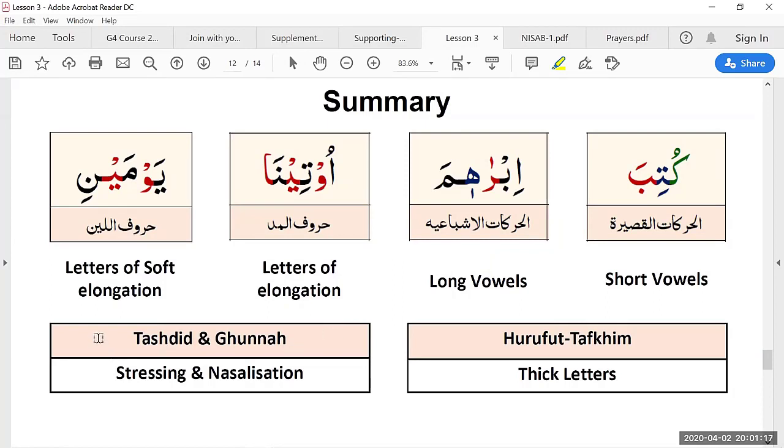In the last lesson, we did tashdid and ghunna. Tashdid means to stress, and ghunna means to make a nasal sound. So the question is, what are the letters of ghunna? If you can raise your hand, and the SD will pick one of the students.